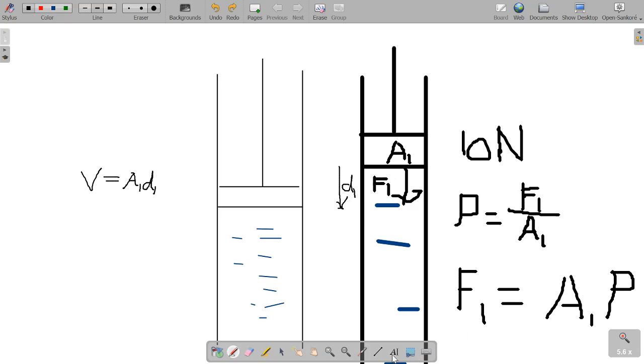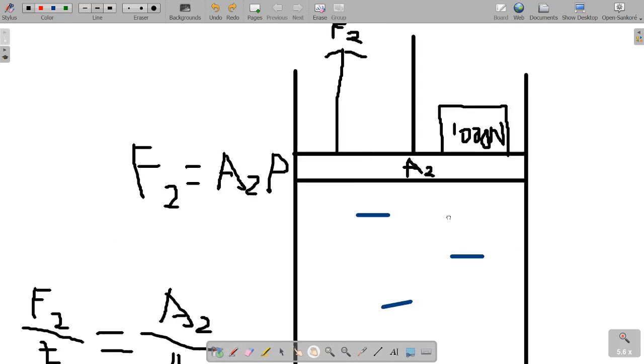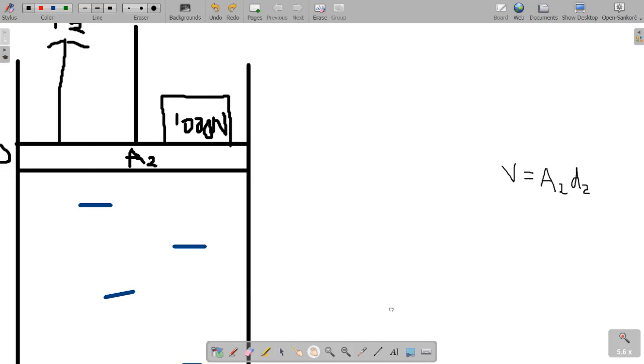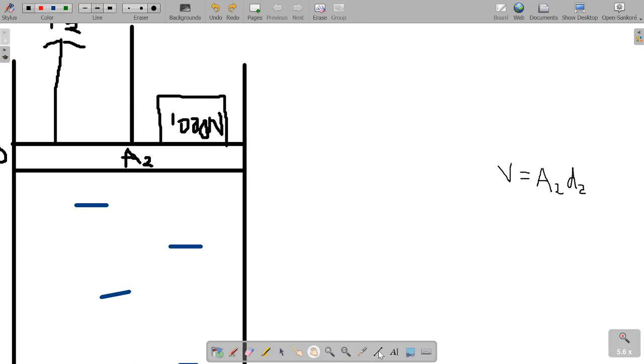That means the volume increase on the other side must also be the same, V. So V equals A2 D2. Here D2 is the distance that the piston rises.